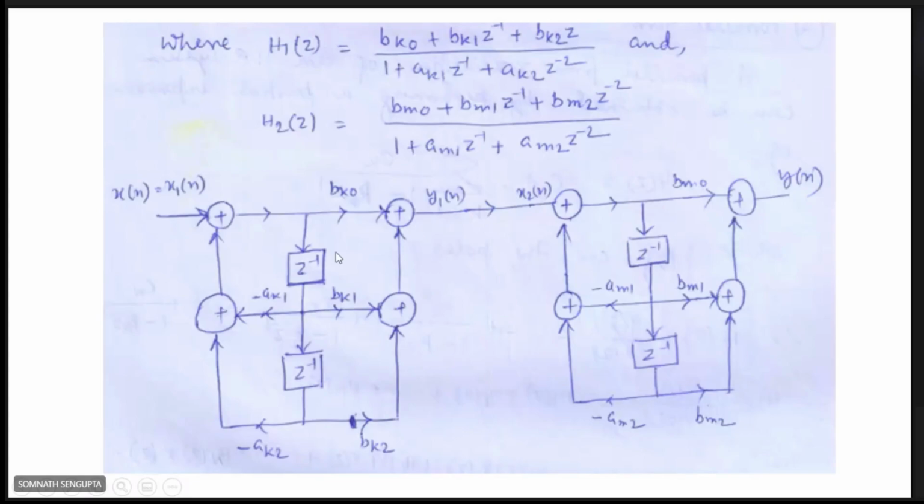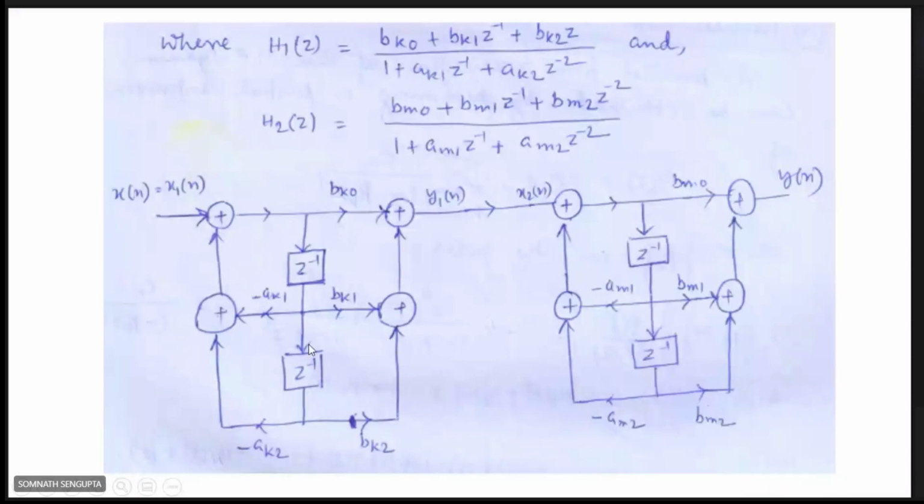So you can see on the right hand side here also, if this is the main structure, then in the middle you have to use a delay element z inverse, then another delay element z inverse, because it goes up to z to the power minus 2. These two terms will be there up to this stage.